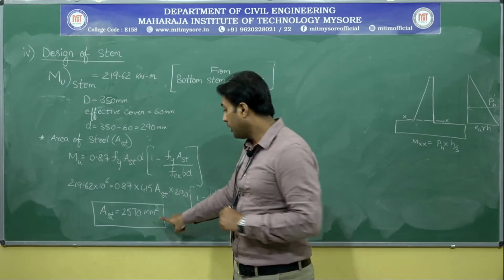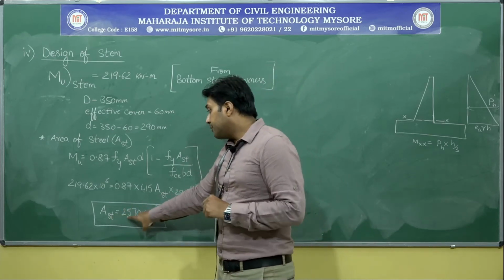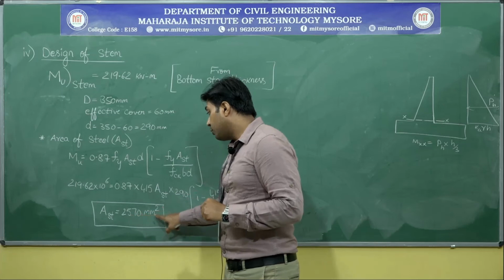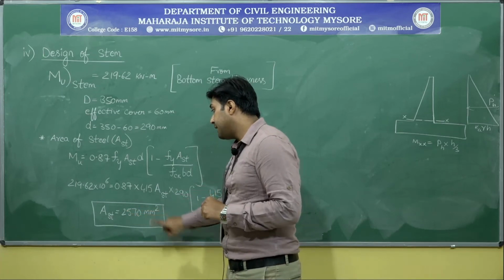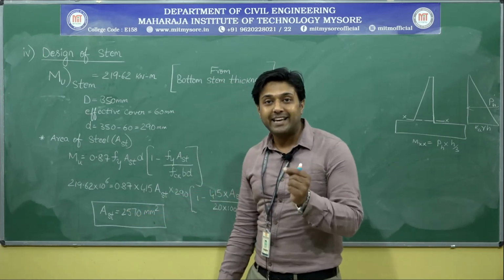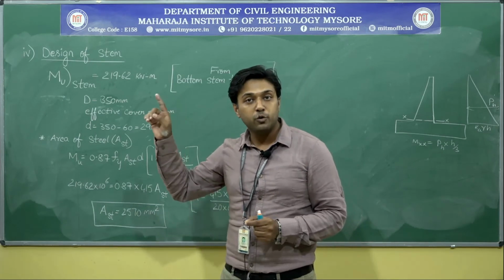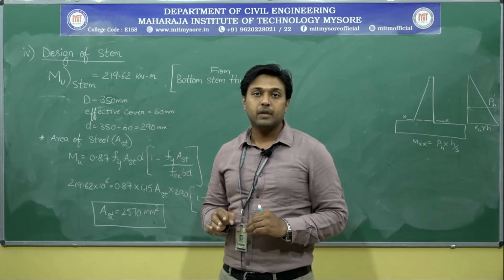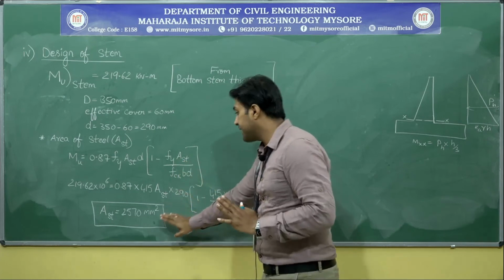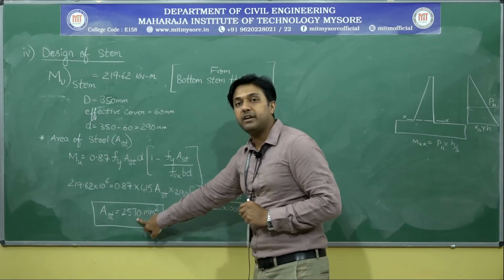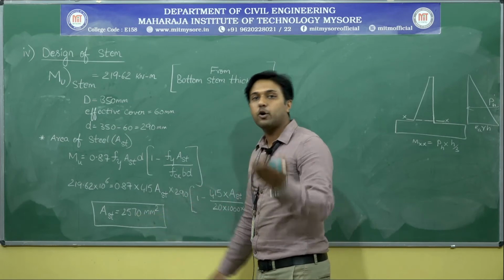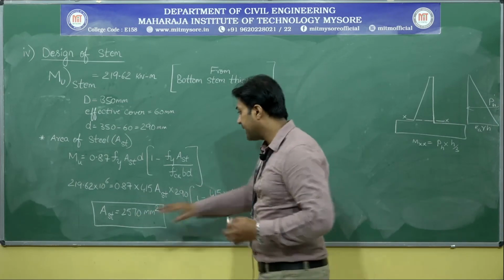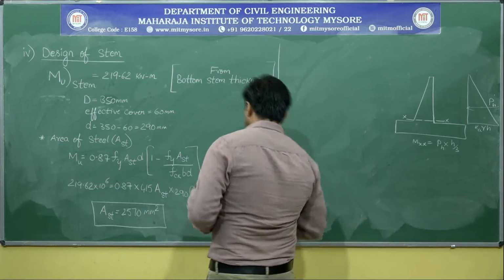Just by seeing the value of AST, 2570 mm square, if I want to check the AST minimum, it is 0.12% of gross area. It will come less, so let me not check it over here. If it was somewhere around 300 or 400 mm square, then I would have gone with the AST minimum. For time being, I will not be doing that.